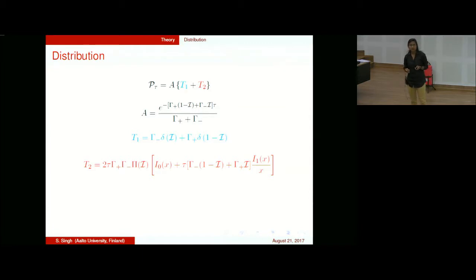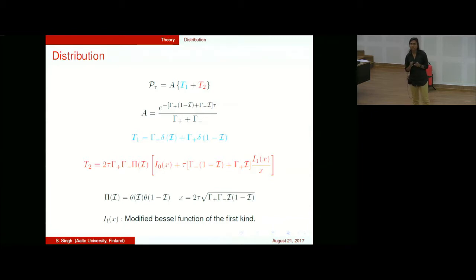I0 and I1 are the modified Bessel functions, and the argument x of the Bessel function is a combination of the gammas, tau, and also the variable I. The box function is a product of theta functions. It restricts my current to be between 0 and 1, as it should be, because that's the variable that I have.